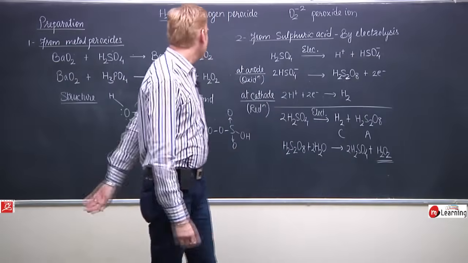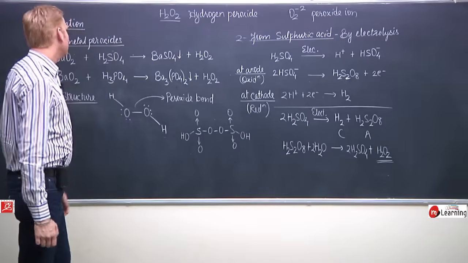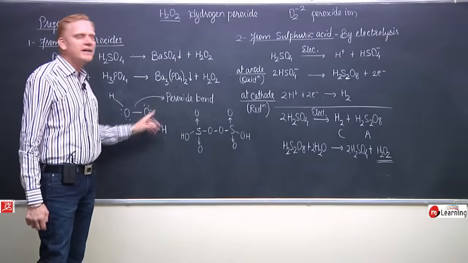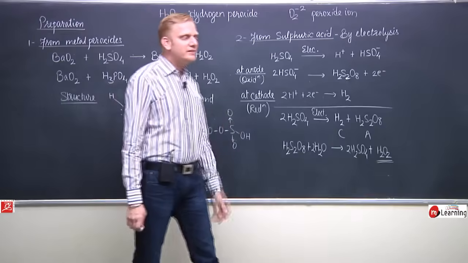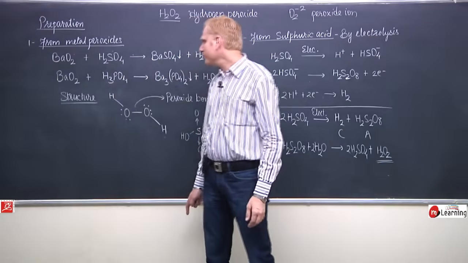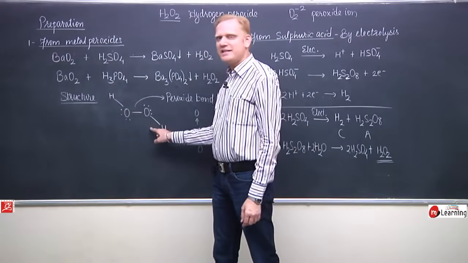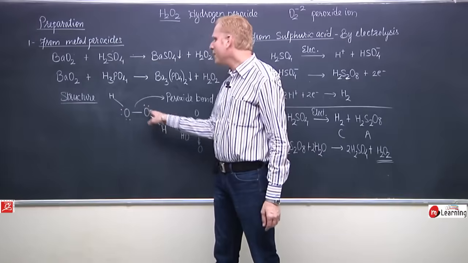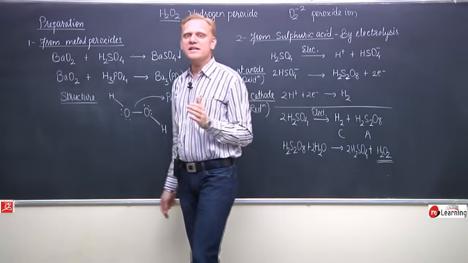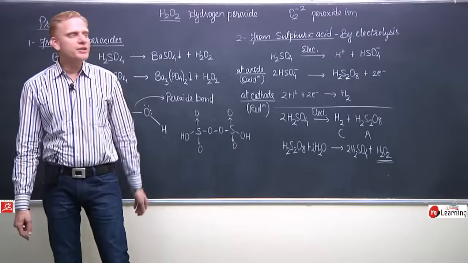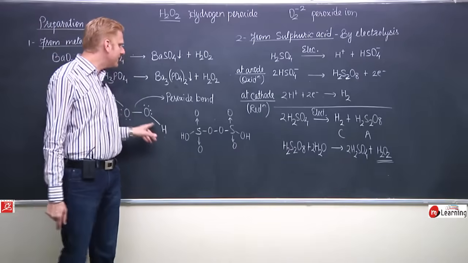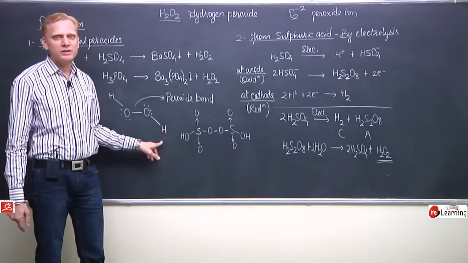Now, let us come to the detailed properties of hydrogen peroxide, the chemical nature and the other things. One thing should be noticed here, that hydrogen peroxide has the polar OH bond. Since oxygen is much more electronegative compared to hydrogen, due to the difference of electronegativity between the two, this bond is polar.